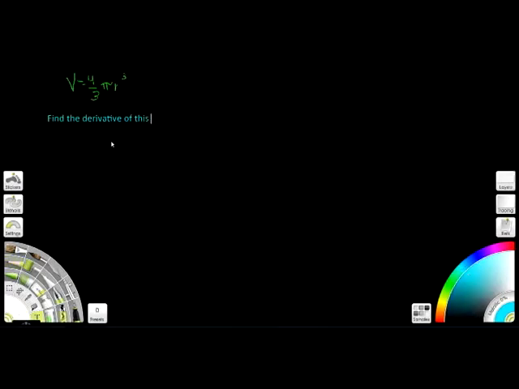Now we're going to find the derivative of this equation and then plug in what we know. The derivative of V equals 4 over 3 pi r cubed is dV/dt equals 4 pi r squared dr/dt, as the values are with respect to time.